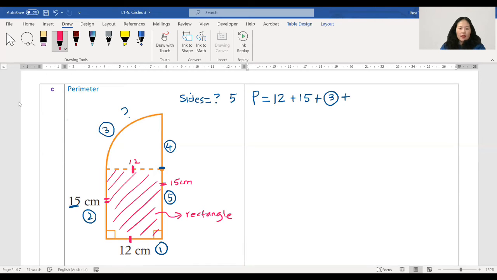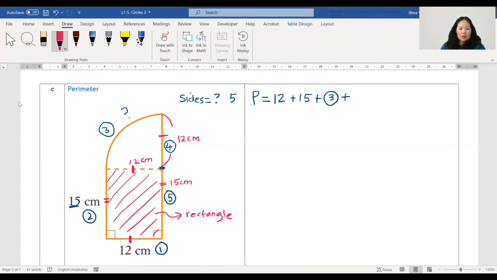All right? Now, so fifth side is 15. But let's have a look at the fourth one. 12 centimeters on here. And this one needs to be 12 centimeters as well. Why? Because they are radius, radii. So they have to be the same.